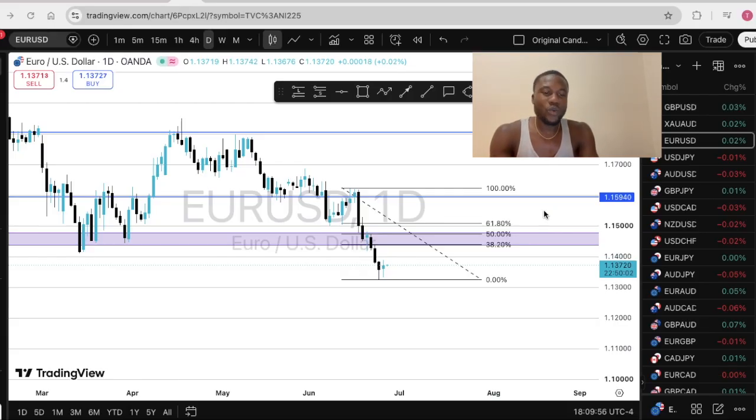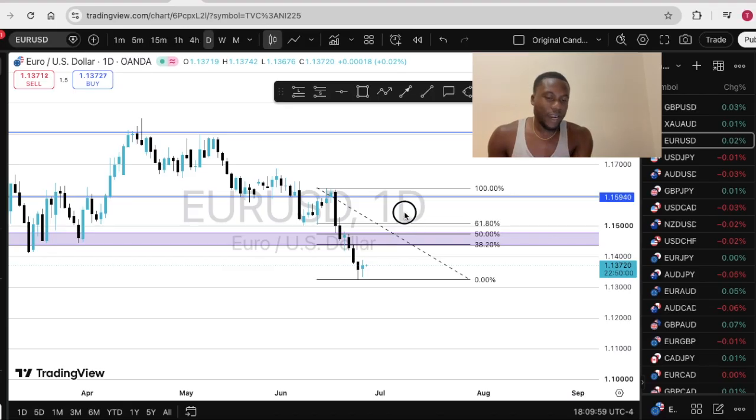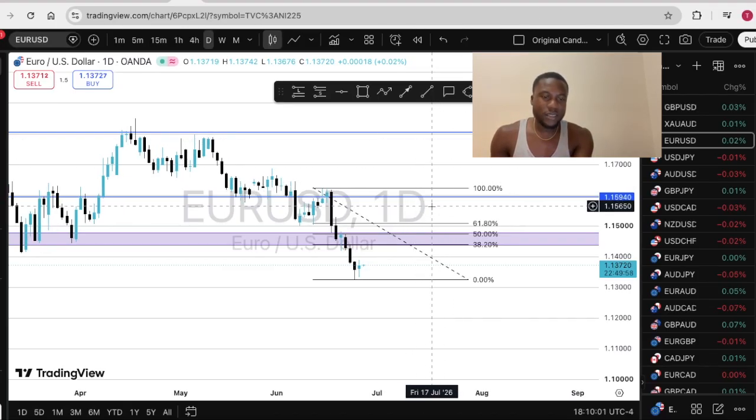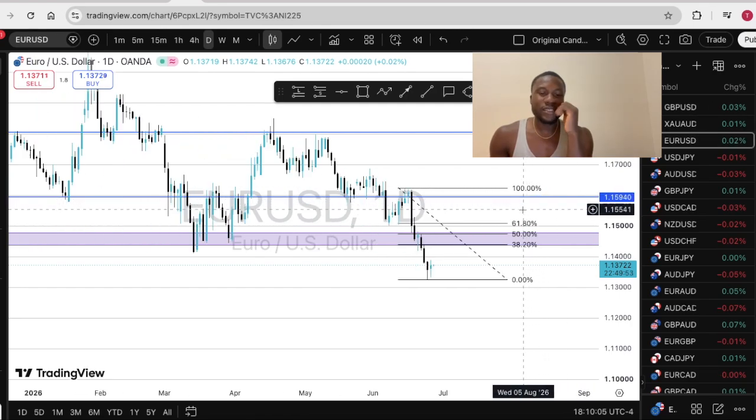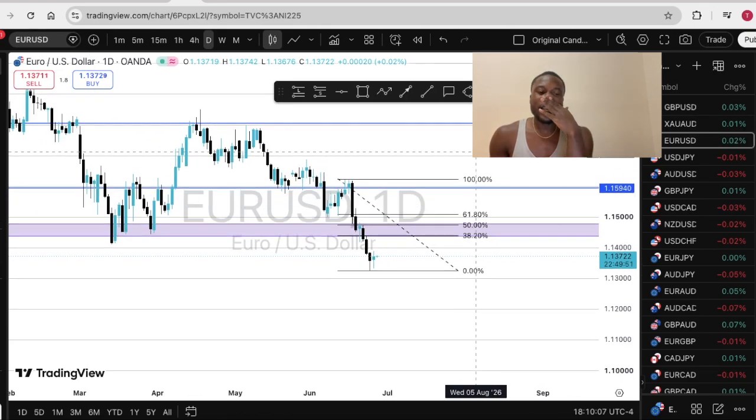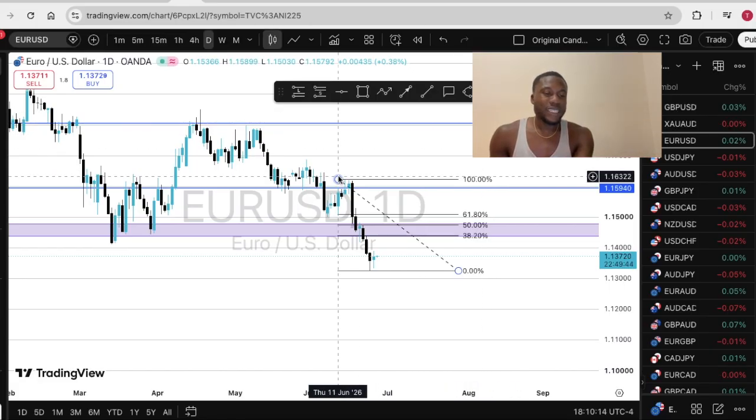Welcome, guys. This right here on the chart is Euro USD. One thing that I've done is I want to do more position trading where I'm using the Fibonacci.